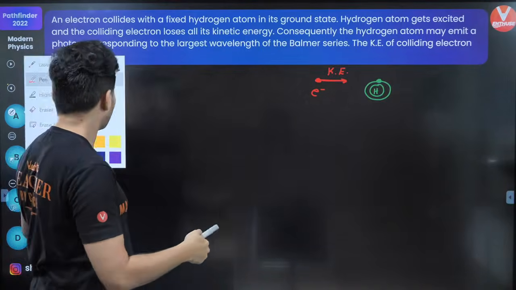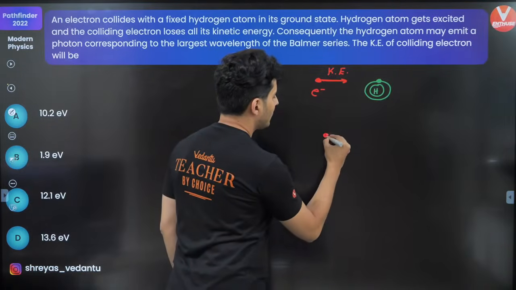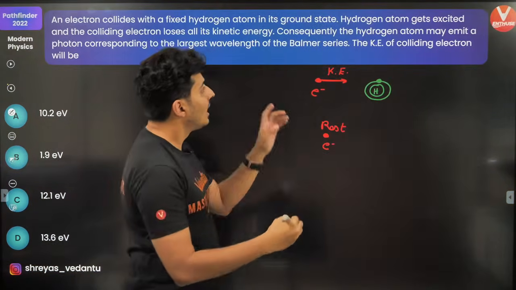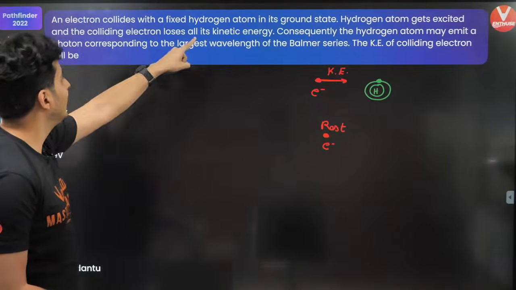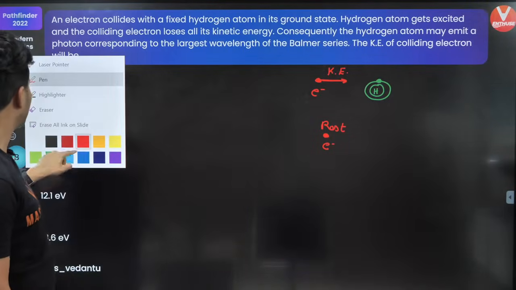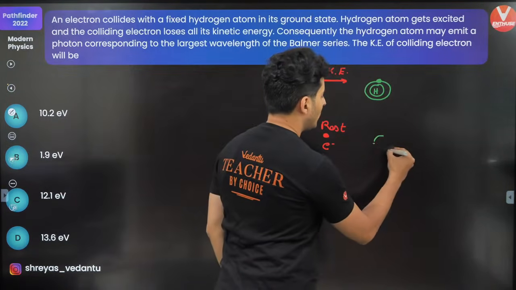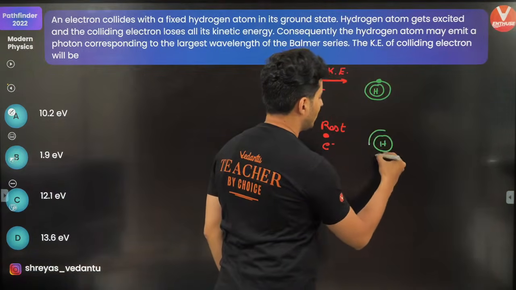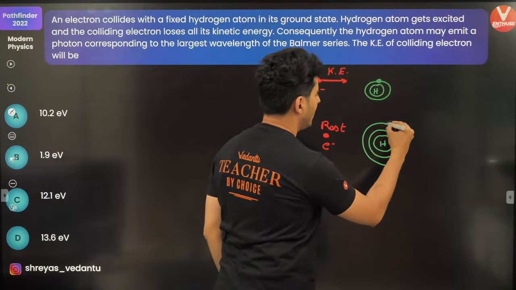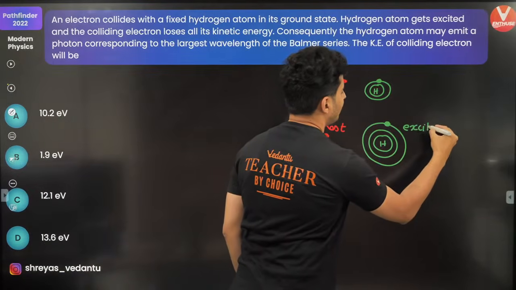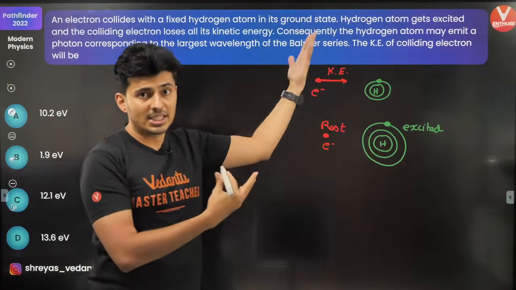So that means this electron comes to rest. And the hydrogen atom gets excited. Obviously, it's given in the question, the atom gets excited right over there. So this hydrogen atom, this is your electron's first orbit, and maybe it goes to some higher orbit. So this is the excited hydrogen atom. I don't know till which shell it gets excited.